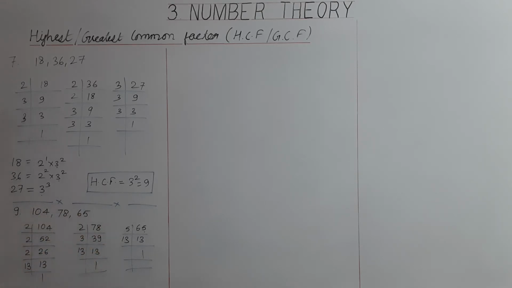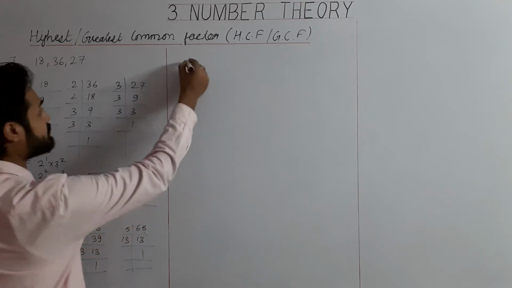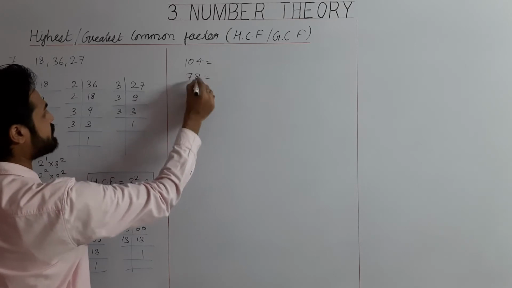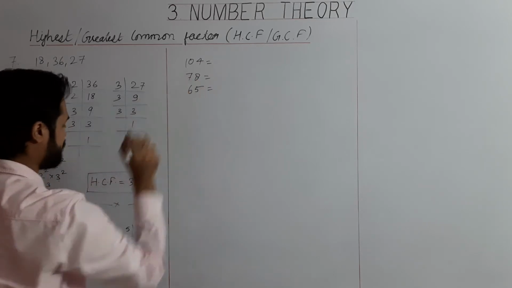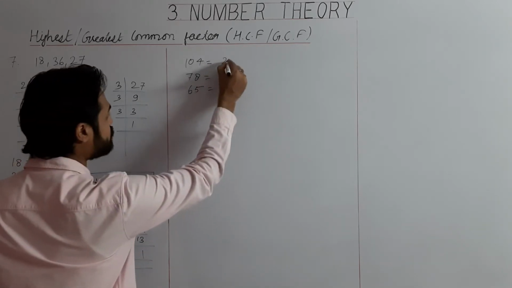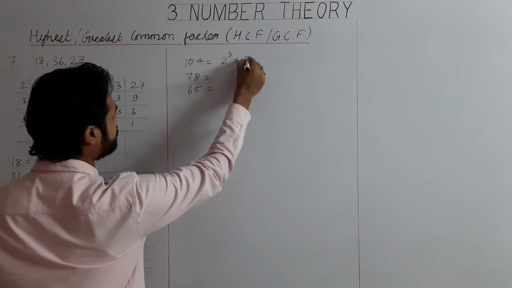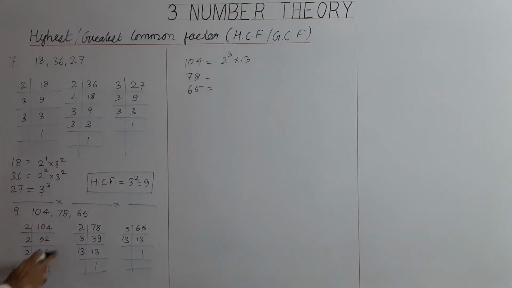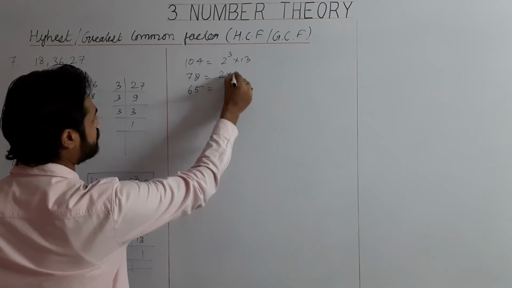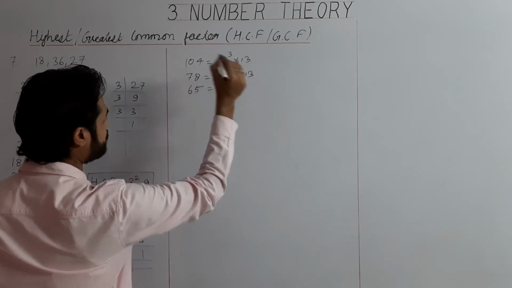Now these are factors of 104, 78 and 65. So writing factors of 104, 78 and 65. We have 2 to the power 3 into 13 for 104. 2 into 3 into 13 for 78.